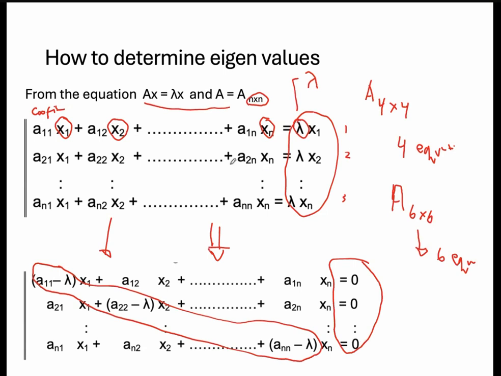To convert this, we must subtract the coefficient. For example, in the first equation, we subtract coefficient a11 with lambda.